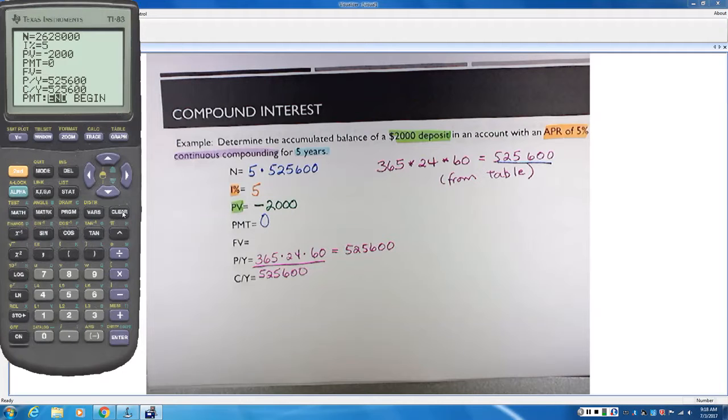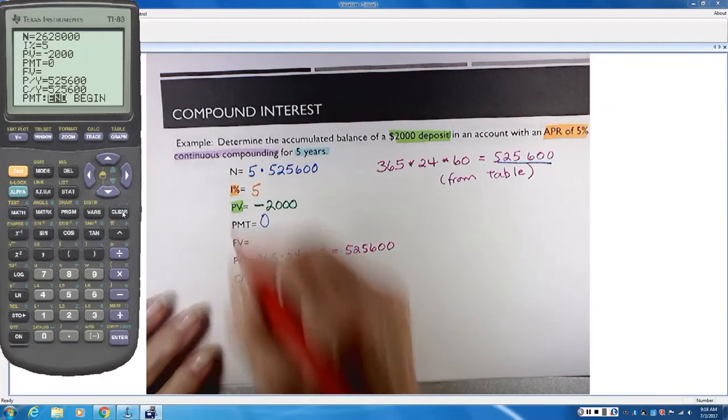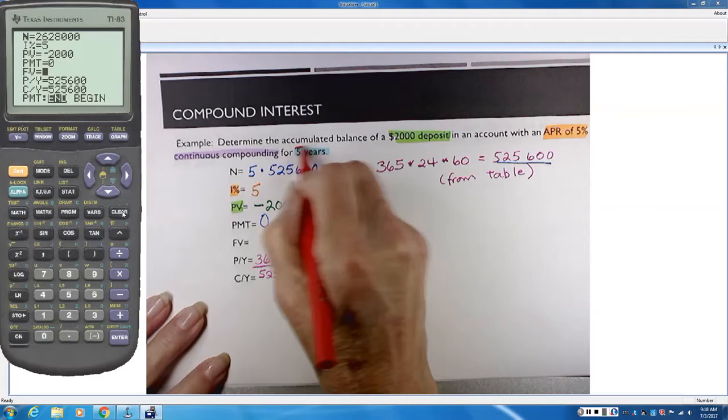So now I'm ready to find my future value, which is the accumulated balance.